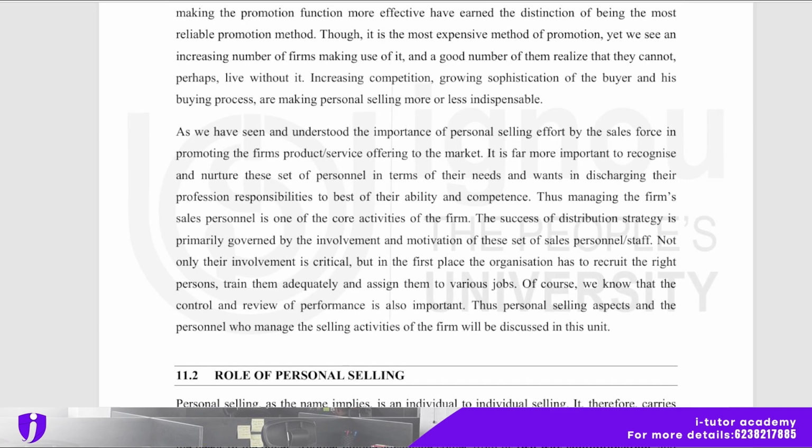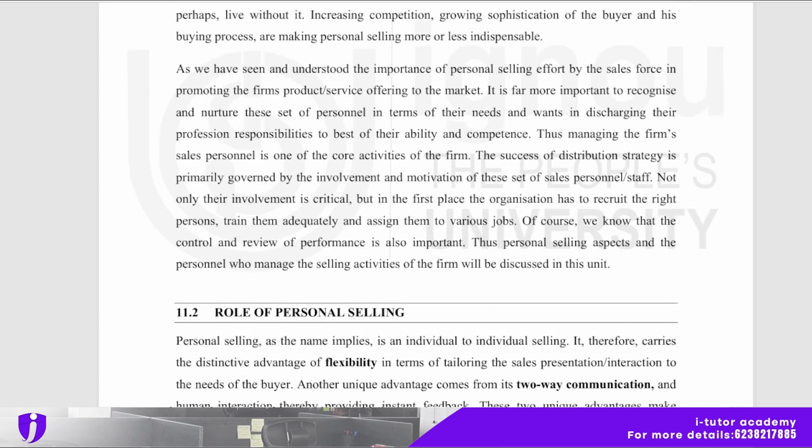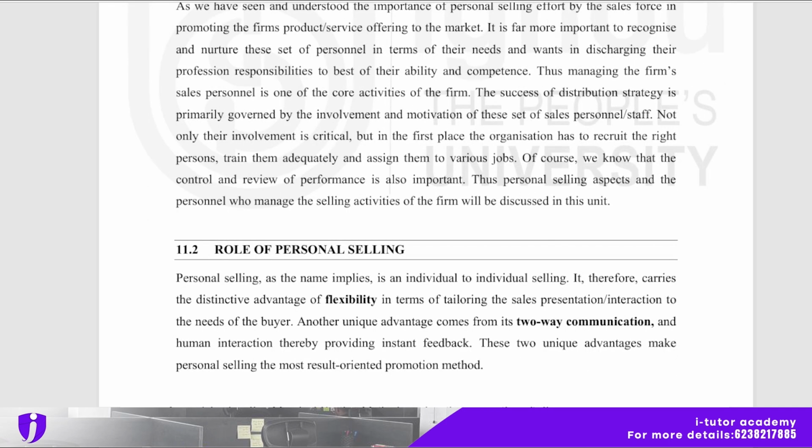So as we have seen and understood the importance of personal selling effort by the sales force in promoting the firm's product or service offering to the market, it is far more important to recognize and nurture this set of personnel in terms of their needs and wants in discharging their professional responsibilities to the best of their ability and competence.